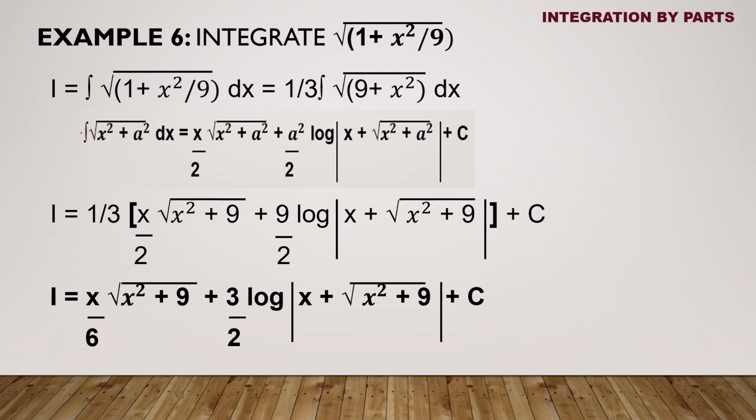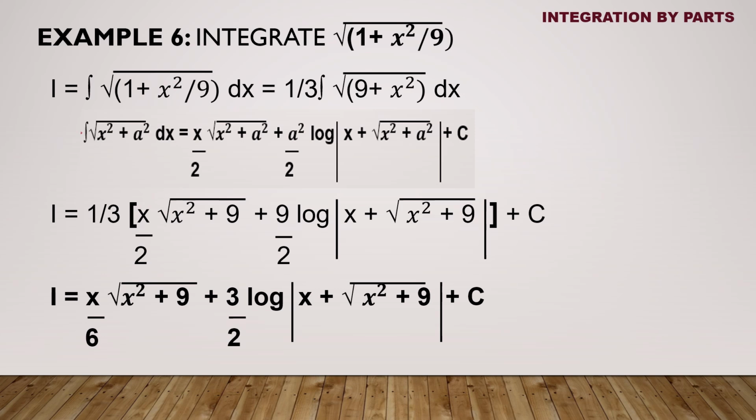In this example, you have root of 1 plus x square by 9. So this is 9 plus x square whole upon 9. So root of 1 upon 9 is 1 upon 3, which you can take outside. So now the integral I is 1 upon 3 into the integral of root of 9 plus x square. This is of the type a square plus x square or x square plus a square.